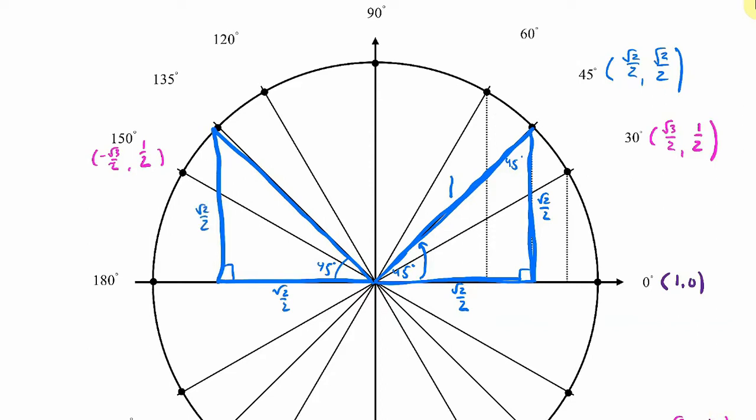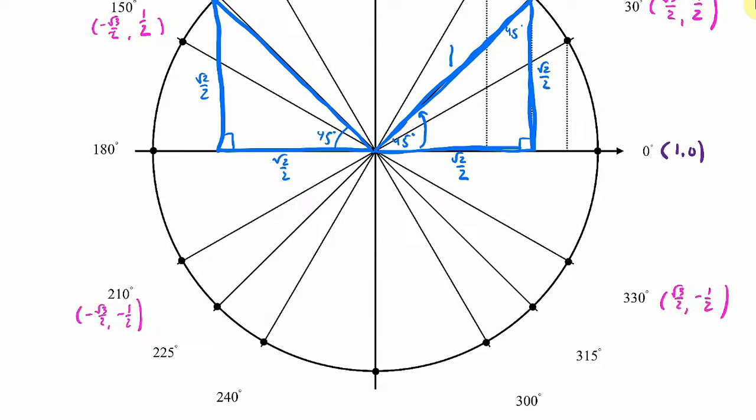Okay, so same idea, except this time the x-coordinate's negative and the y is still positive, left and up. If I go 45 degree reference angle into quadrant 3, that takes me to 225 degrees. And I'll go ahead and draw the last one down here at 315 degrees as well.